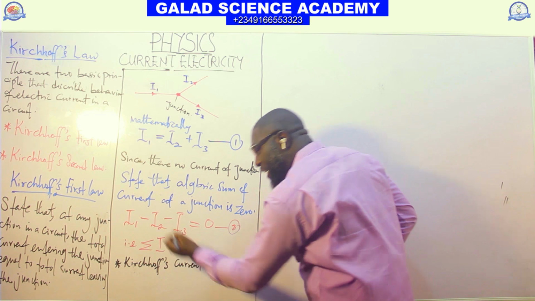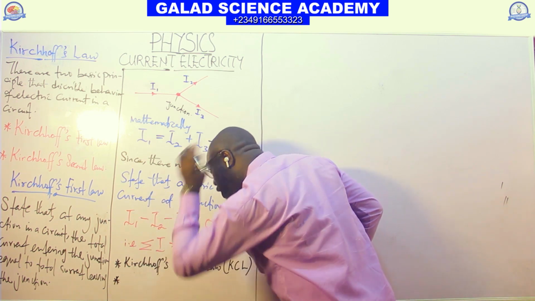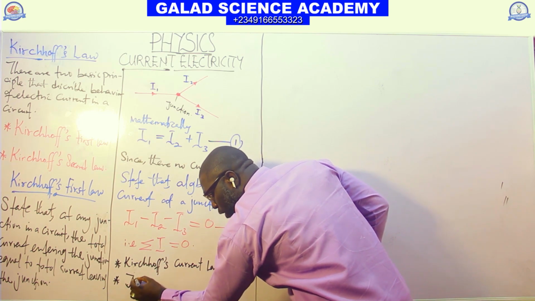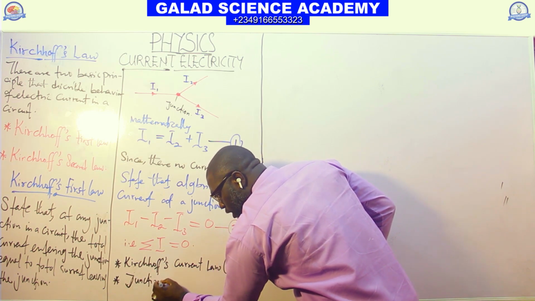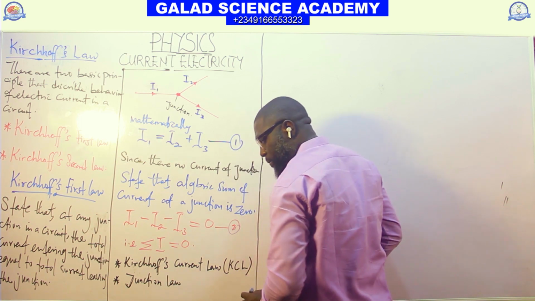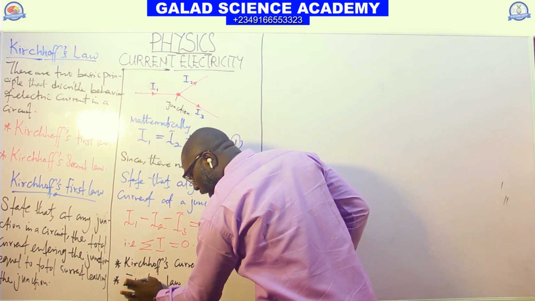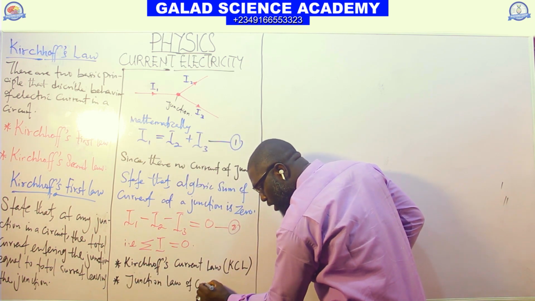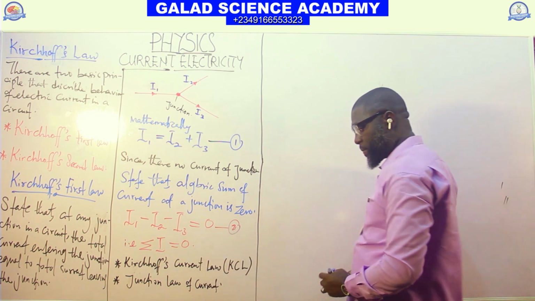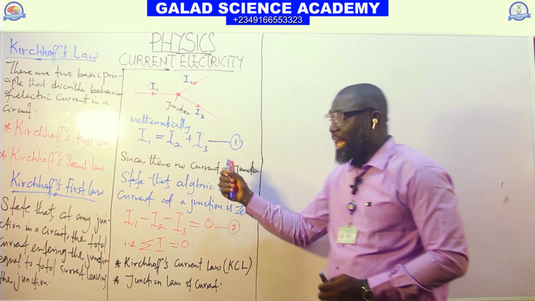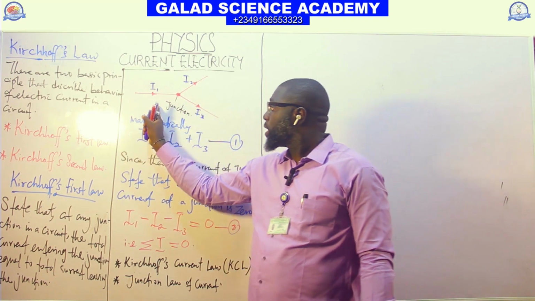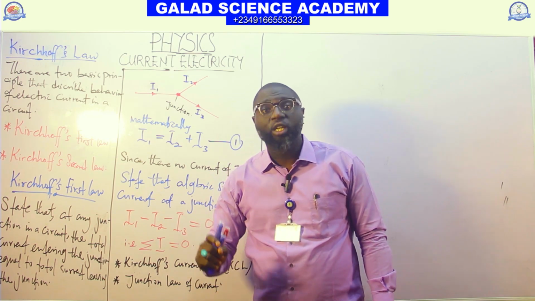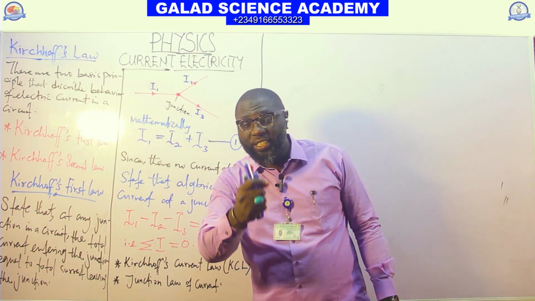So anyhow, we can also call this first law the junction law of current. And again, this law obeys the principle of conservation of charge.